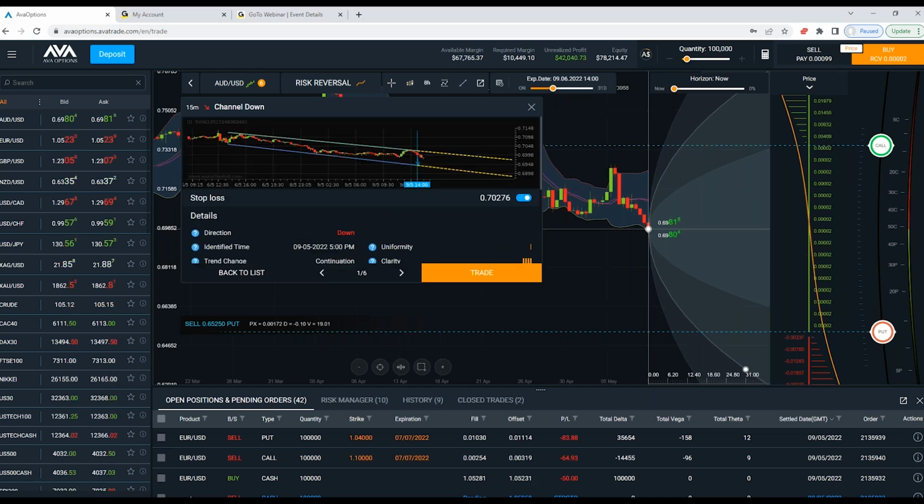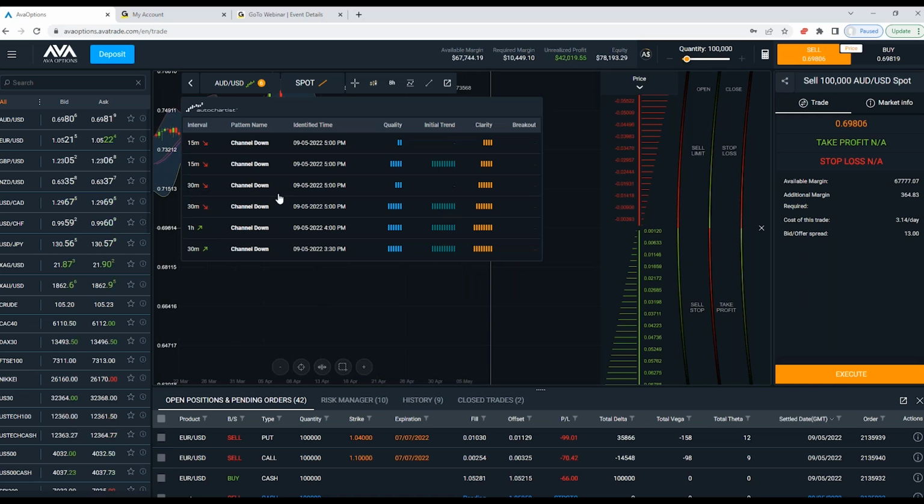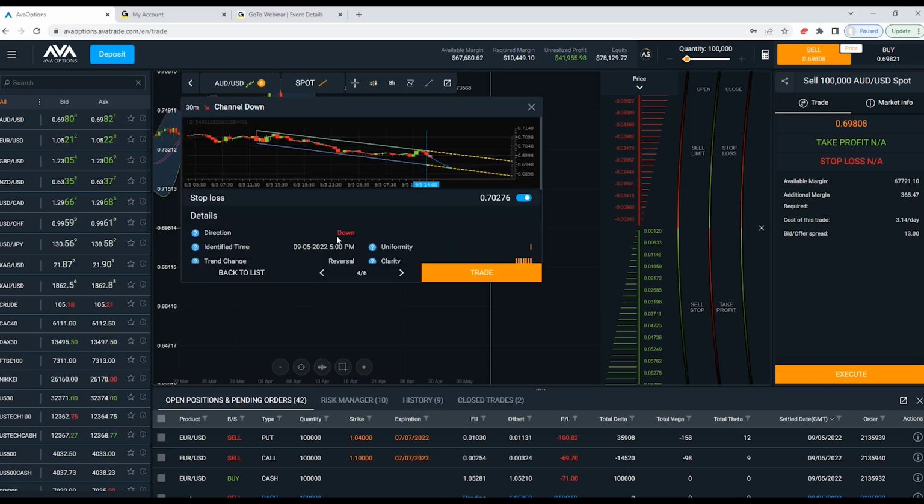This is what it looks like. It was identified where this blue line is, saying the market is going to continue to go lower, and it has. If you like this or agree with this idea, you click trade, and it sets it up automatically. Some of the strategies will have stop losses, and for example, this suggestion from the automated chart recognition has a stop loss set at 0.70276.